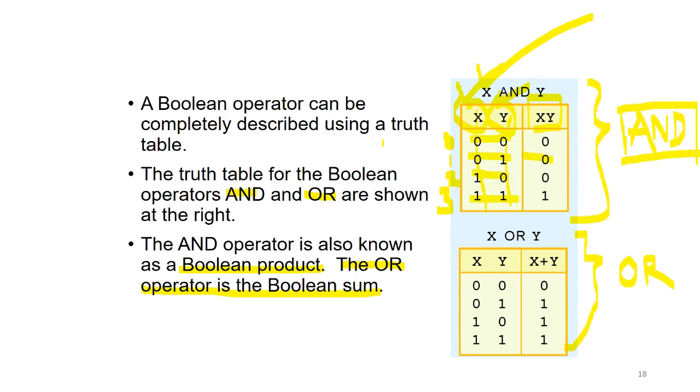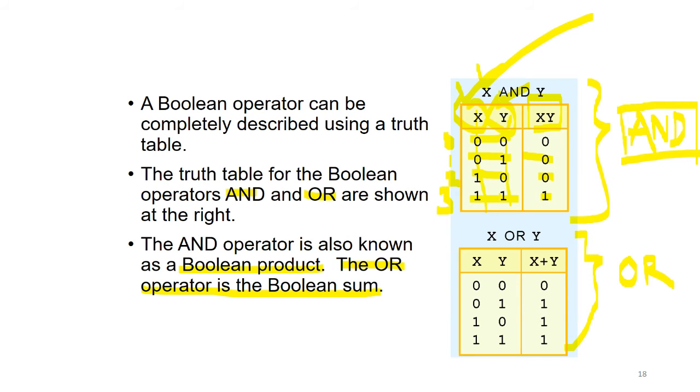Then 1 multiplied with 0 gives 0. And 1 multiplied with 1 gives a value of 1. Fine. As you can see, in all the cases it's working as a product, so it's fairly easy to understand.